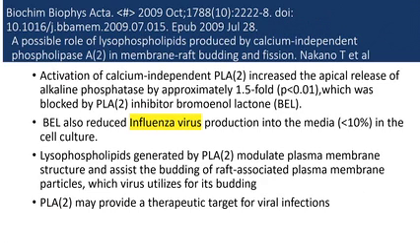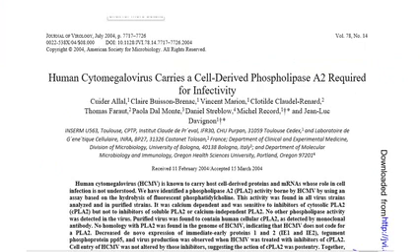Another virus called CMV stands for cytomegalovirus, and in this case, the virus actually carries along phospholipase A2 and the RNA of human cells that can make more phospholipase A2.